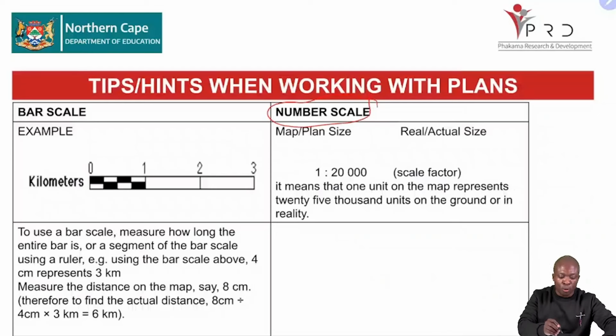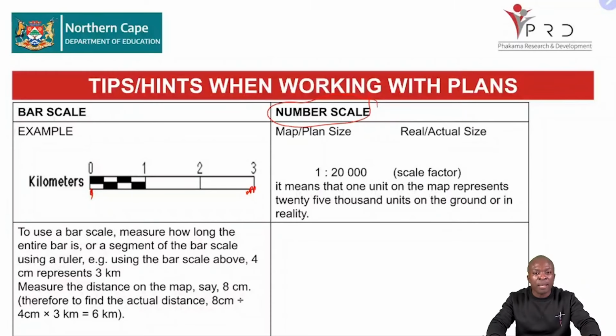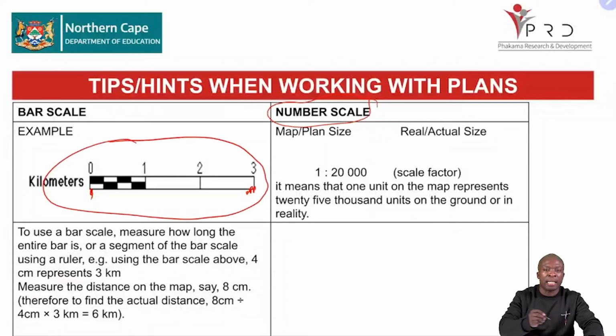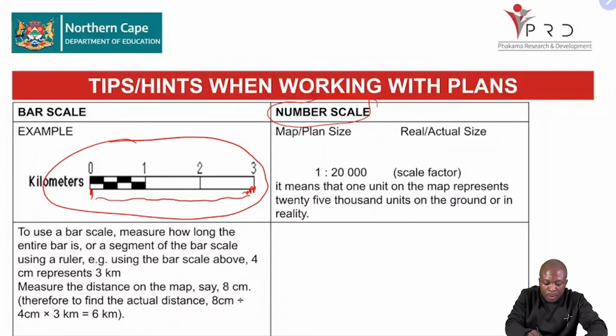You guessed that. You have to measure the entire bar. Measure it. Take your ruler and that bar scale which is given to you on the question paper, measure it. So for example, let's say you are given this bar scale in an examination. How do you work with it? You measure the entire length of the bar.